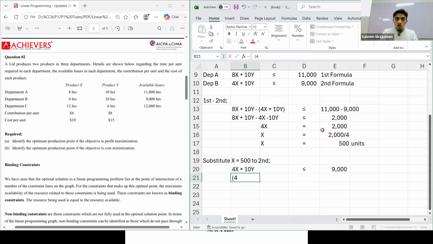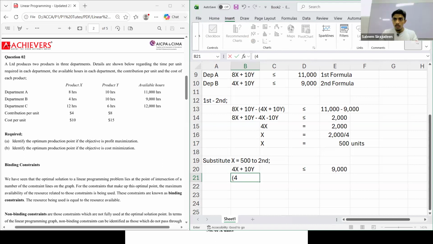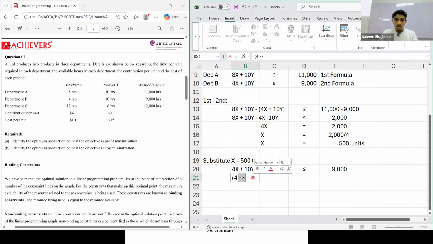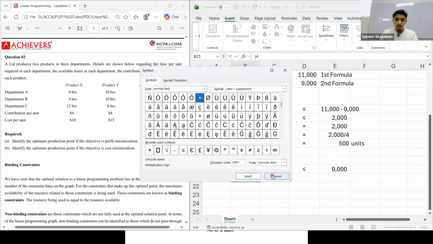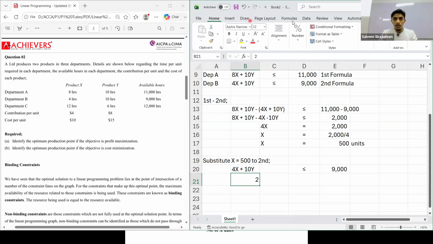Now 4 into x. So 4 into 500. Give me a second. Okay.